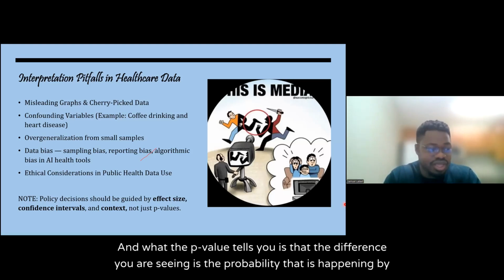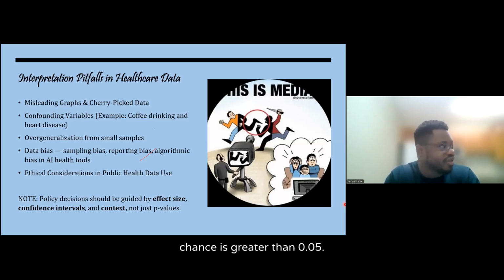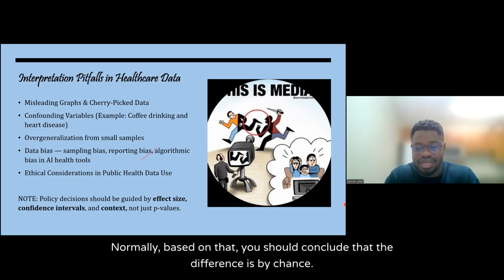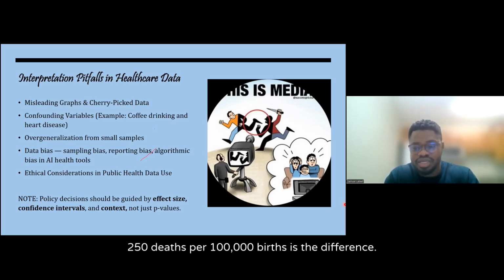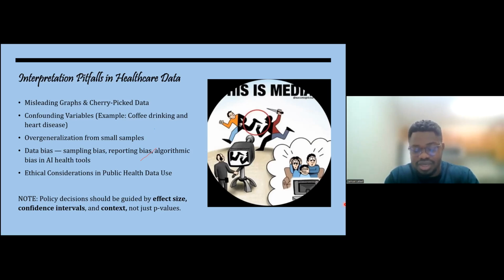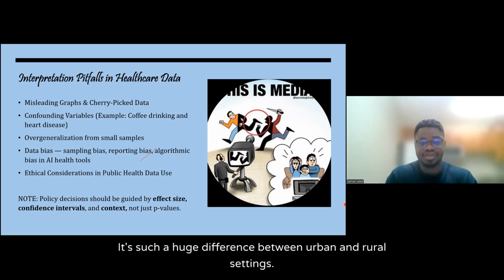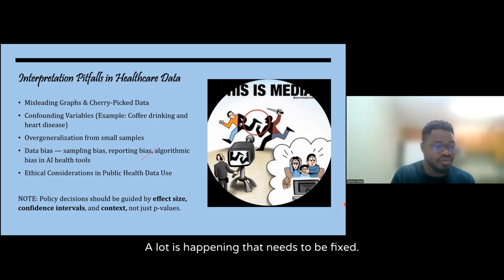What the p-value tells you is that the probability that the difference you are seeing is happening by chance is greater than 0.05. Normally, based on that, you should conclude that the difference is by chance. But if you bring it to practical sense, you will see that the difference is not by chance. 250 deaths per 100,000 births is the difference. It's such a huge difference between urban and rural settings. A lot is happening that needs to be fixed.